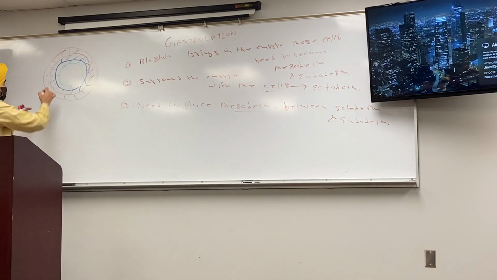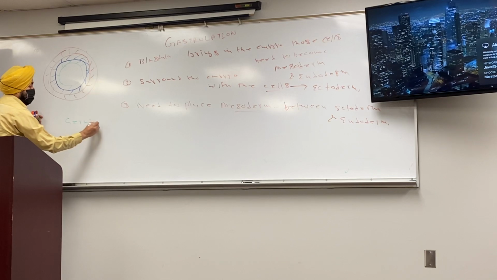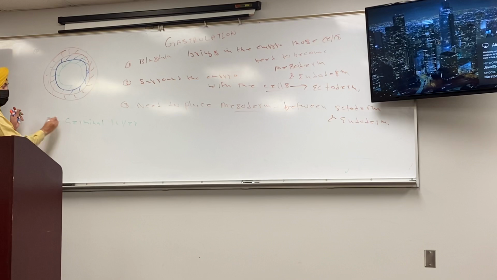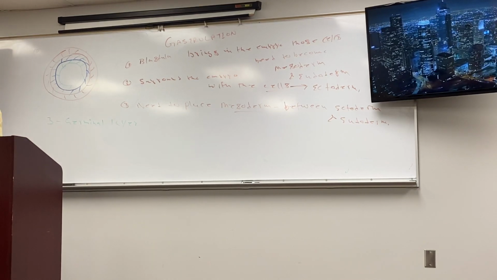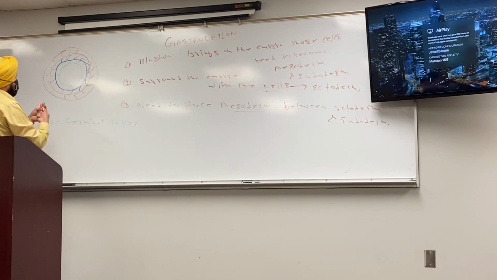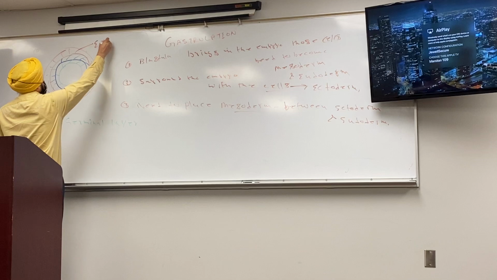Now these layers are called germinal layers. So we'll have 3 germinal layers, okay? The outer germinal layer will be the cells you call ectoderm.